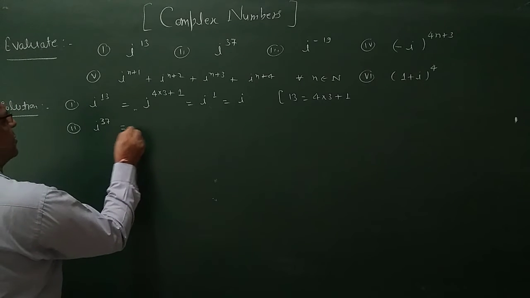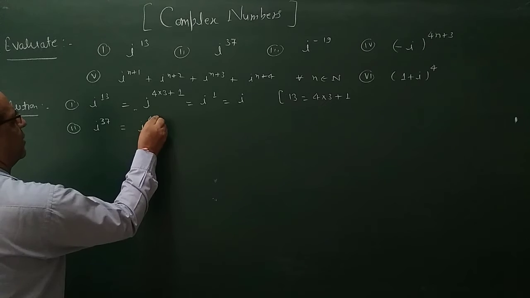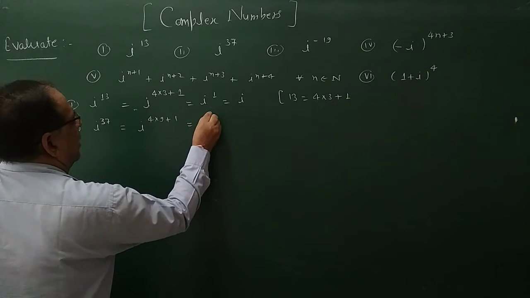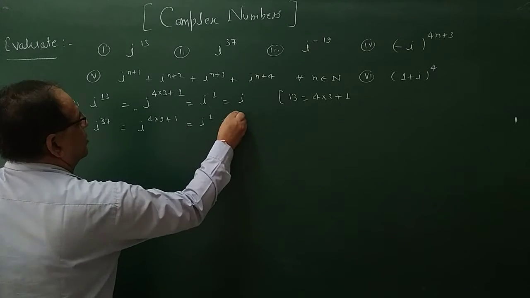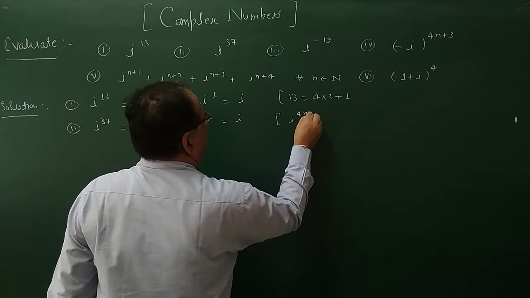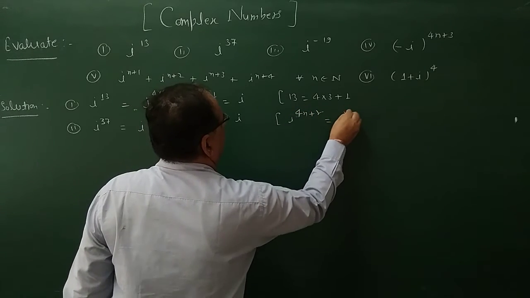Iota to the power 37, this power is also greater than 4, so we can write it as 4 nines are 36 plus 1. So again we have iota to the power 1. This is iota, using iota to the power 4n plus r equal to iota to the power r.